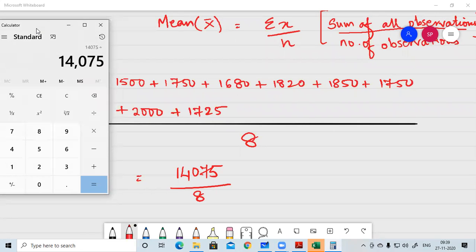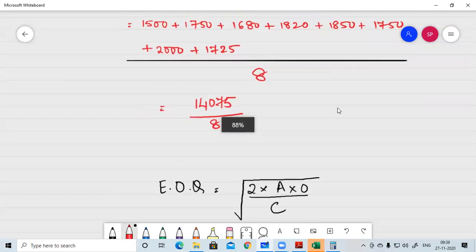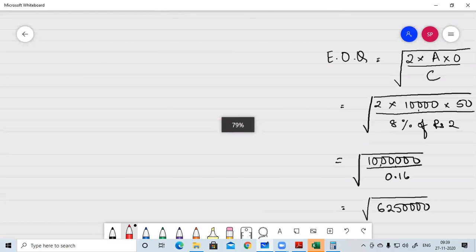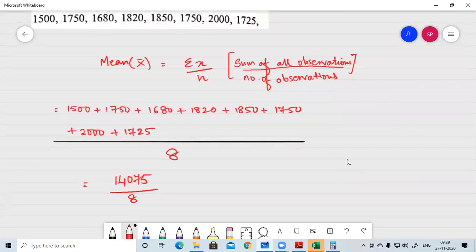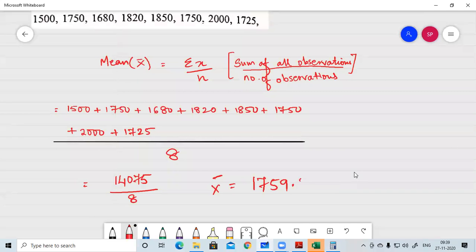If you divide that by 8, your mean comes to 1759.375. Right. So mean is equal to 1759.375.